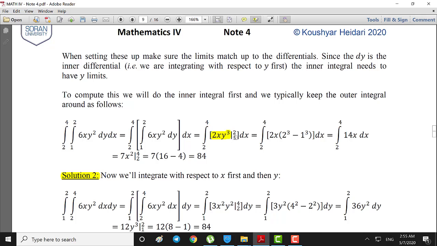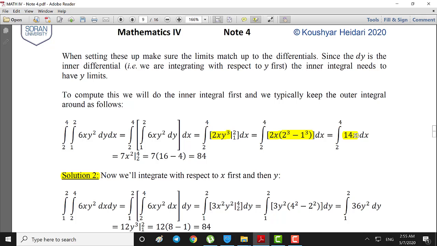And we have to evaluate this 2xy³ at 2 and 1, because y was changing between 1 and 2. So we're going to get 2x times 2³ minus 1³, which is 14x.